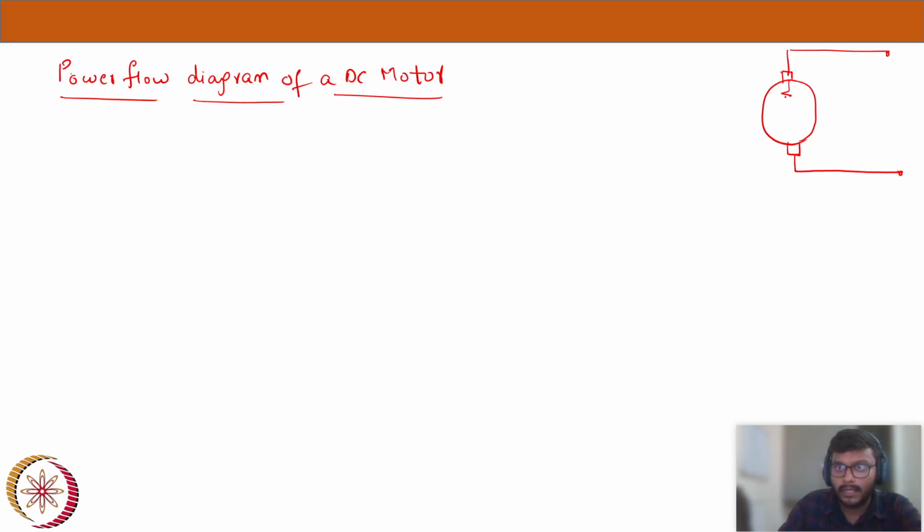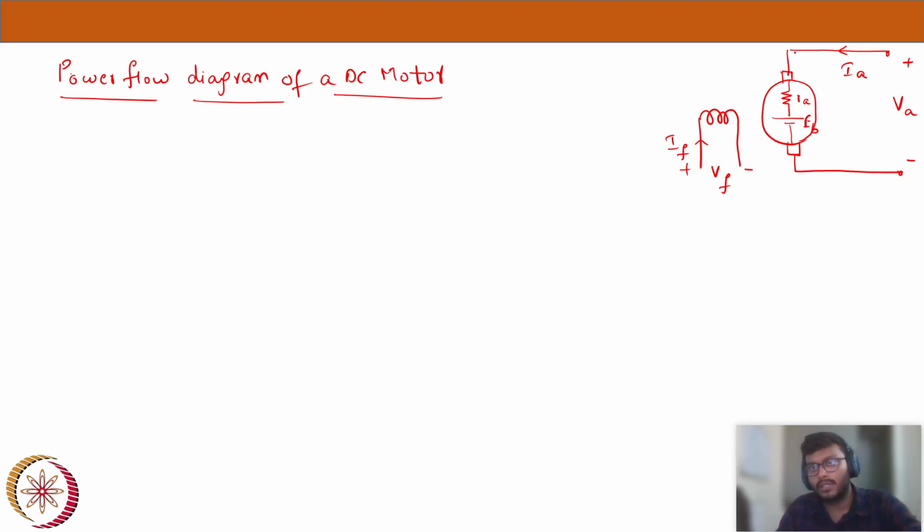Inside the armature we will have the armature resistance, and there will be the back EMF, EB. This is where we are giving the supply to the armature, and here there will be our field winding. Let's say this is the DC supply we are giving to the field winding, and the current that will flow is IF, and whatever current it draws from the supply will be IA, because it's the armature circuit.